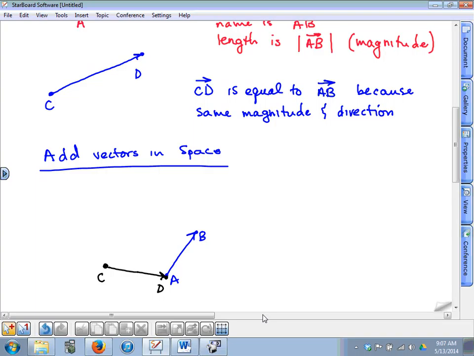But make sure that when you redraw it, both vectors have essentially the same magnitude and same direction. No, you can't change the direction or the magnitude of either of these vectors. You can slide a vector anywhere in the space as long as it retains its same magnitude and direction. That's what I've done here. The vector was over here, but I just slid it down here. It's retained its same direction and magnitude.